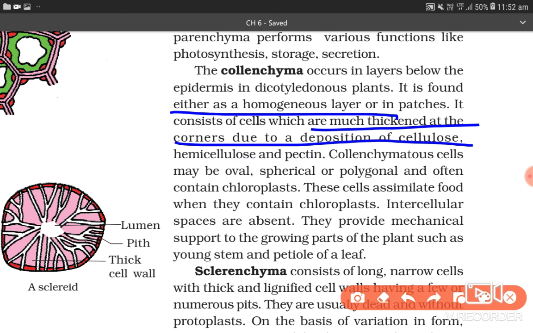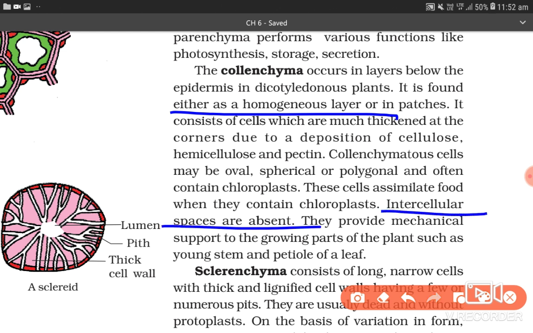Collenchymatous cells may be oval, spherical, or polygonal and often contain chloroplast. These cells assimilate food when they contain chloroplast. Intercellular spaces are absent. They provide mechanical support to the growing parts of plants such as young stem and petiole of leaf.